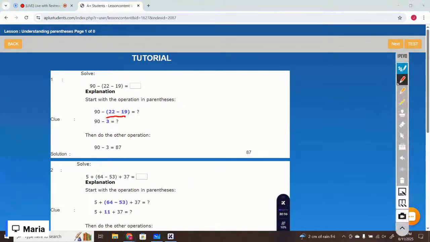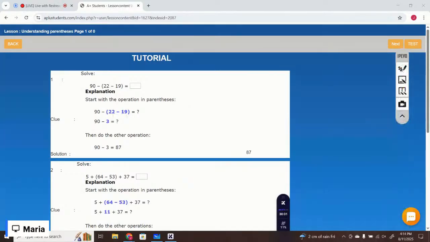So the first thing you need to do is 22 minus 19. So 22 minus 19 is 3. Then you have to do 90 minus 3. So basically, whatever operation it is inside the parenthesis, the first thing you need to solve is the parenthesis.